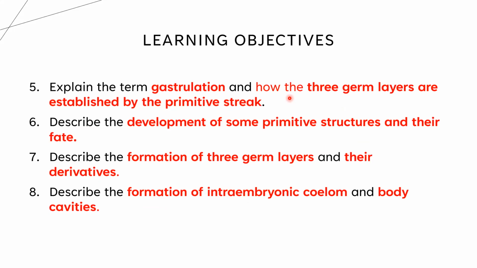This is what you have to know: the gastrulation, and how the 3 germ layers are established by the primitive streak. Okay, you have to know this.